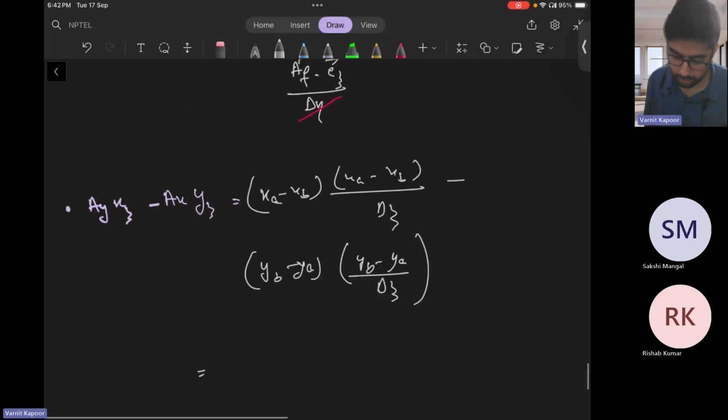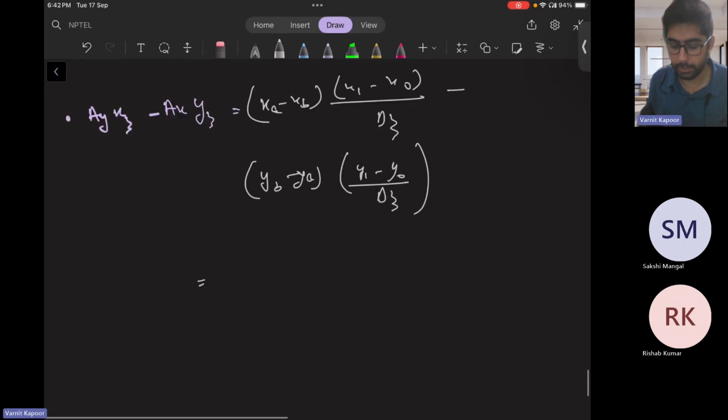I made a mistake with x zeta. Sorry, x zeta is not pointing in that direction. x zeta is x1 minus x0, while ay is in the xa minus xb direction. You are seeing that, but x zeta is between the centroids, x1 minus x0, and similarly y1 minus y0.